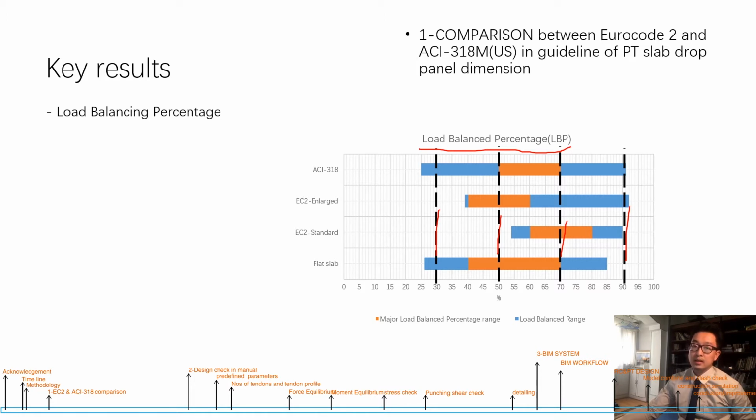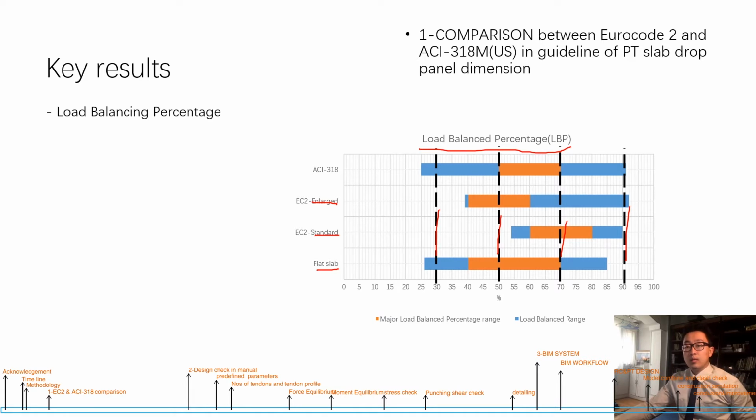Which means that the EC2 standard uses less mild steel, less additional rebar. However, compared with EC2 and the flat slab, ACI 318 fits the recommended LBP perfectly.